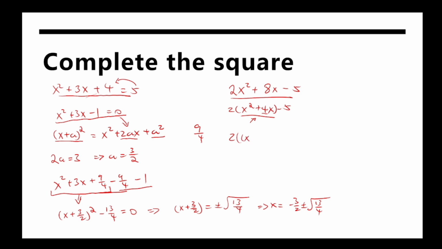Then it will become x plus 2 squared. And we have to add a minus 4 because a squared is 4. Then minus 5. Multiplying the 4 by the 2 outside, we'll get 2 times x plus 2 squared minus 8 minus 5, which is 2 times x plus 2 squared minus 13.